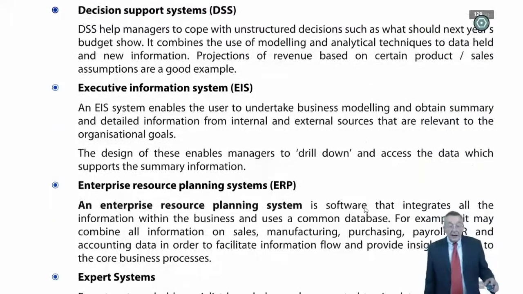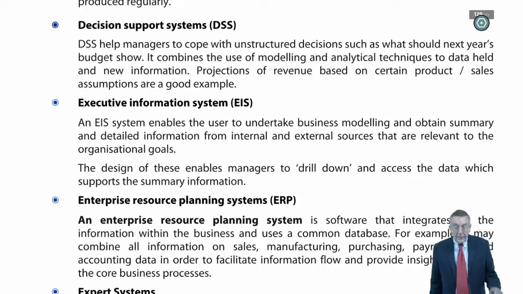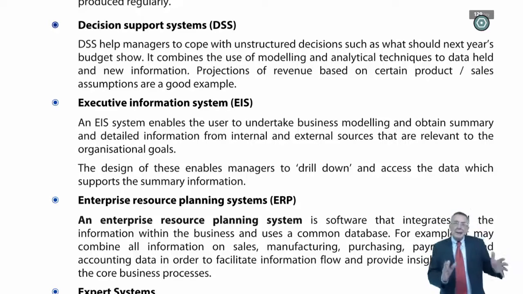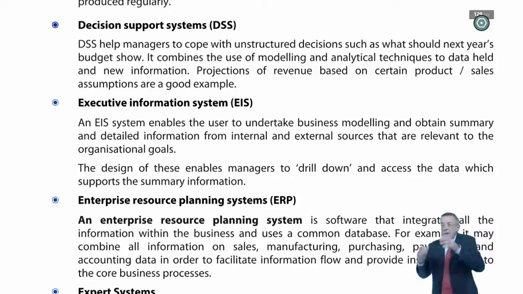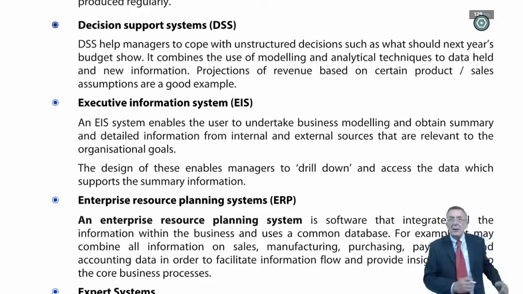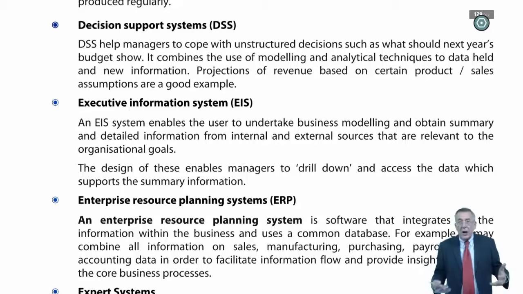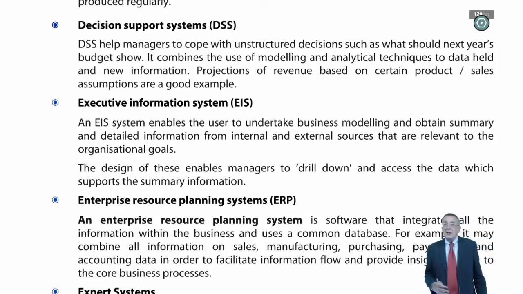Decision support systems. This is software to help managers make decisions. We've got the information, we know how much we're paying in wages, we know what our sales are and so on, but to help managers make decisions. One, I think, fairly obvious example is the use of a spreadsheet. It's so common, obviously, to have the information put into a spreadsheet and play around with it there.